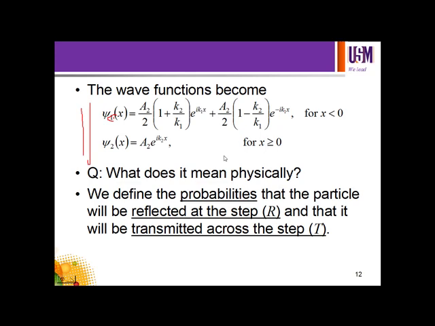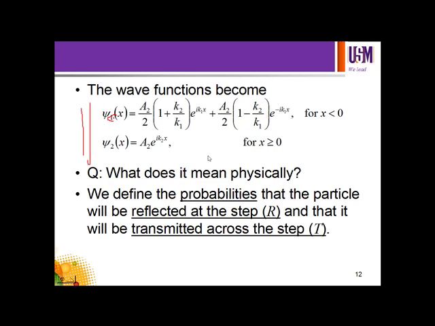So we have to define the probabilities, because we know that psi itself does not mean anything, but psi squared is the probability density. Remember we had discussed this a few segments ago. Psi conjugate multiplied by psi itself will give you the probability density.